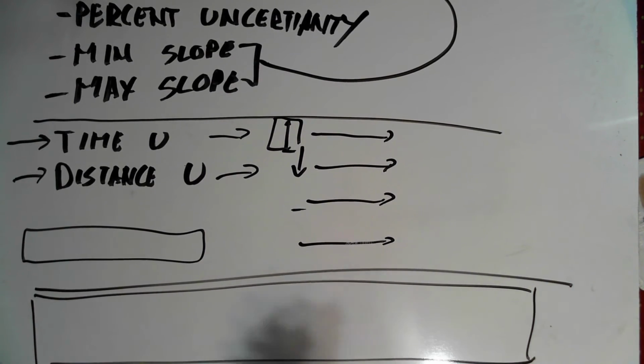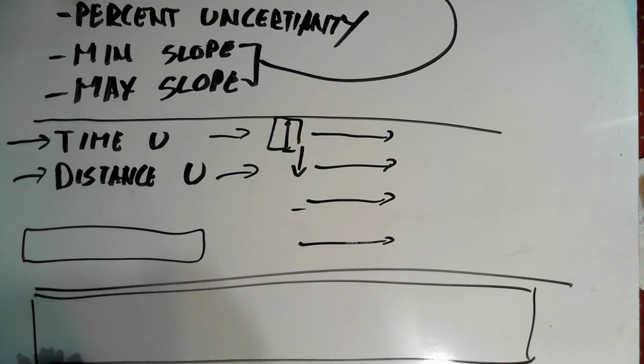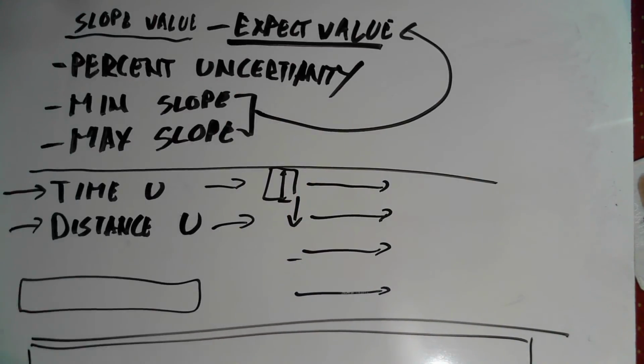If you have an expected value and you have a total percent uncertainty and your expected value is off from your measured value by a significant amount, then you're going to have to explain where you went wrong. Okay?